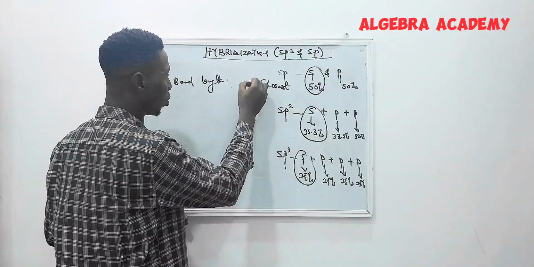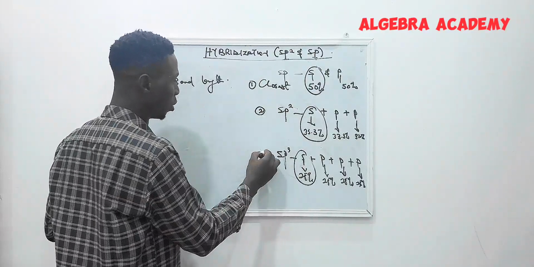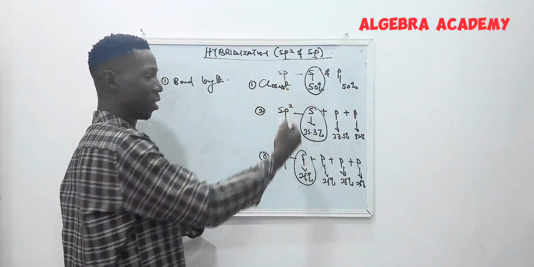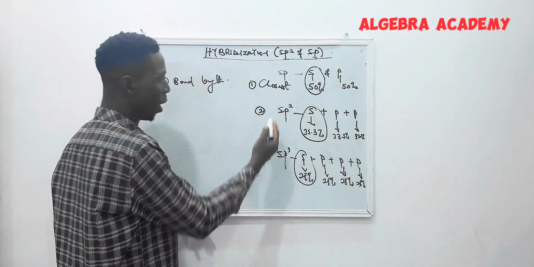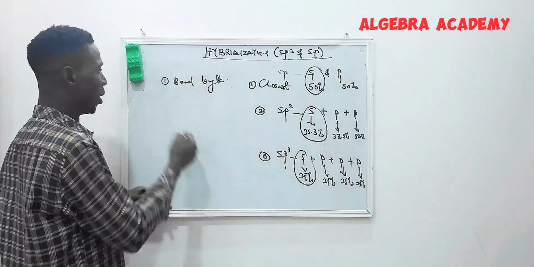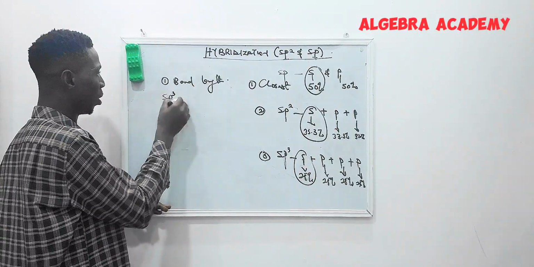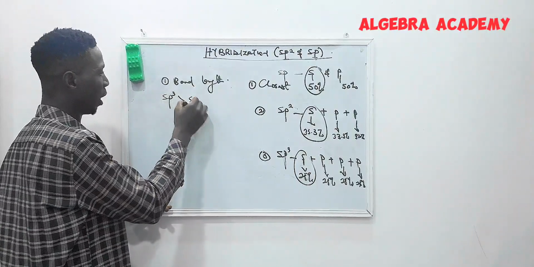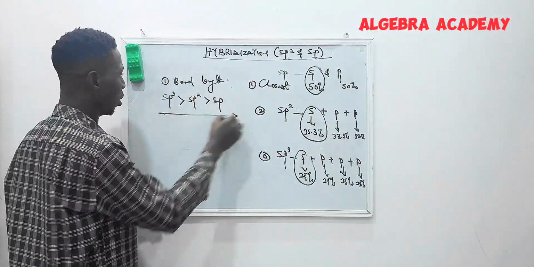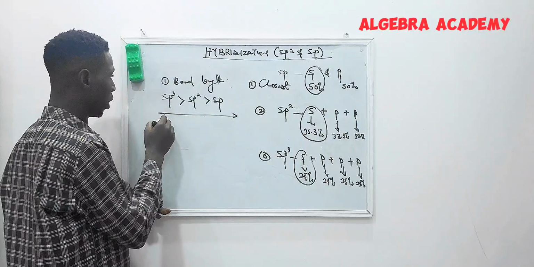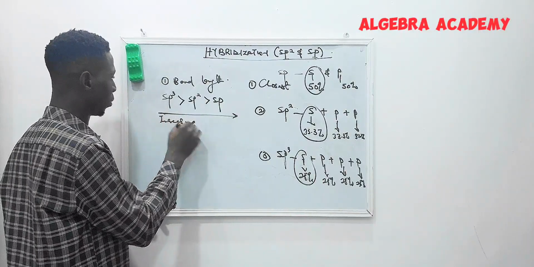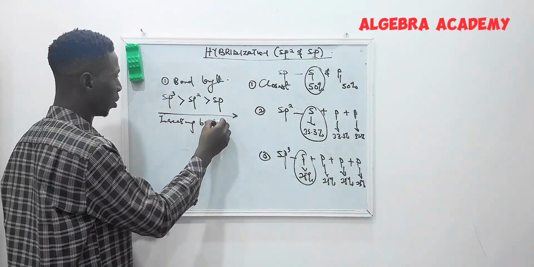Followed by this, let's say this is number 1, this will be number 2, this will be number 3. Since this is the closest, the bond that connects this particular s to the nucleus will be very short, while this one will be longer and this will be the longest. So relatively, sp3 is greater than sp2 and than sp.